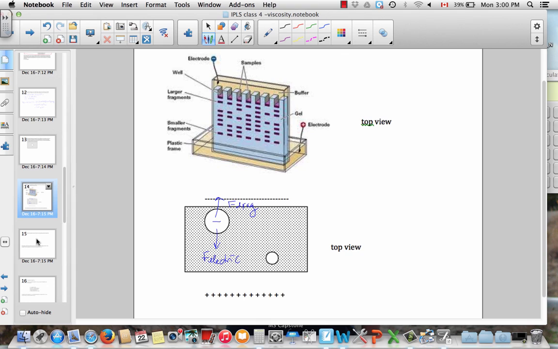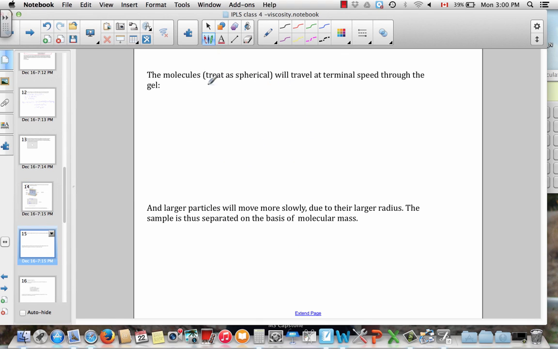But if we analyze that, so we'll say terminal speed, so balanced forces. So the forces sum to 0. We've got the electric force making them go, but then we've got the drag force resisting that motion. The electric force just depends on the charge on the particles, which is the same, and the electric field, which is the same for all fragments.